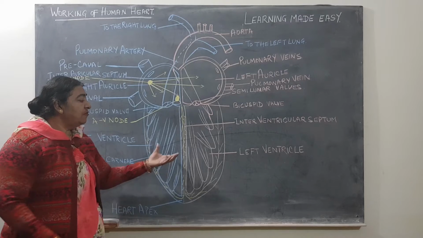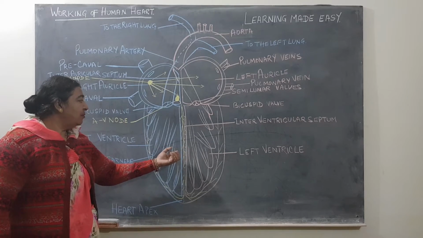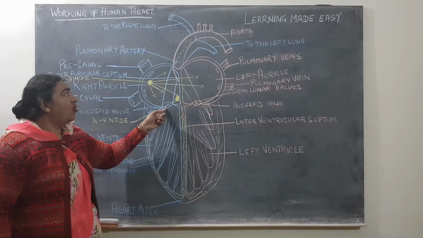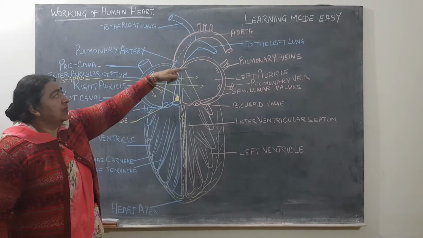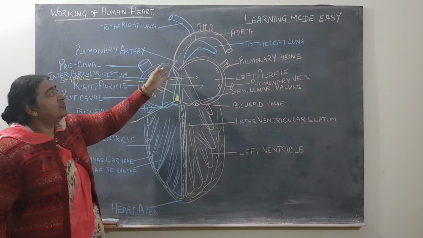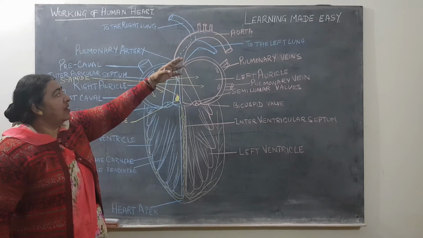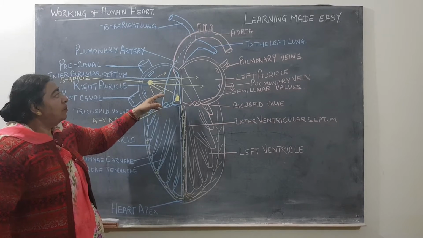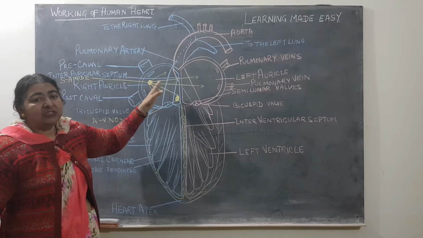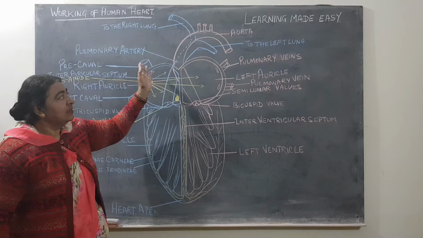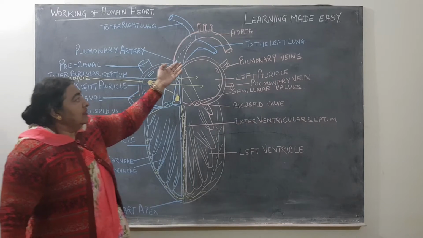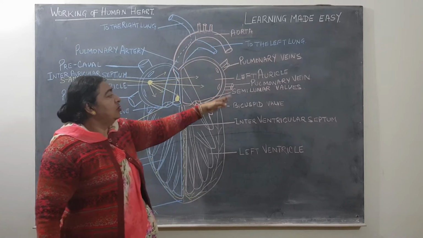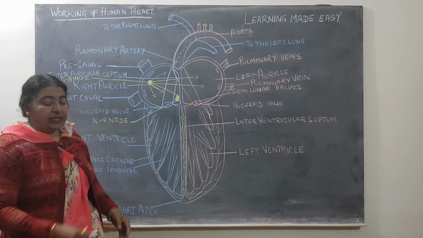Now as both the ventricles contract, they force blood into the semilunar valves of the big blood vessels. These big blood vessels are the aorta and the pulmonary artery. The pulmonary artery takes deoxygenated blood to the lungs, while the aorta takes oxygenated blood to the rest of the body.